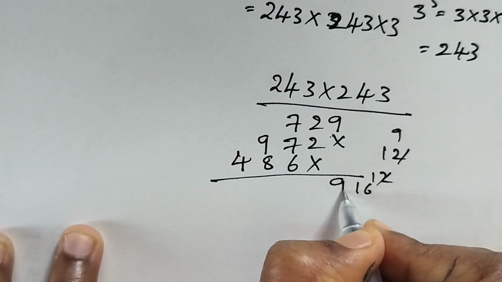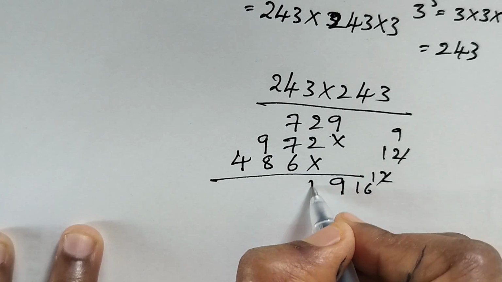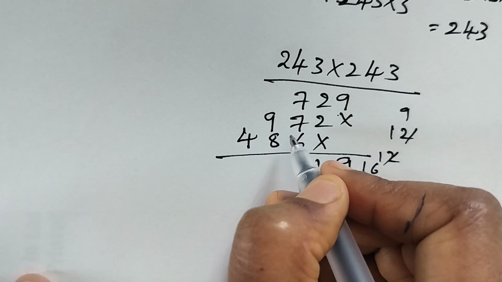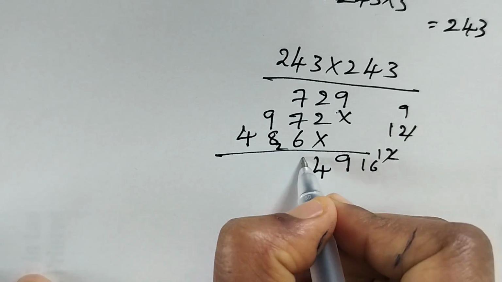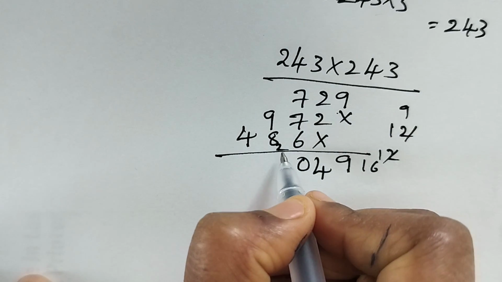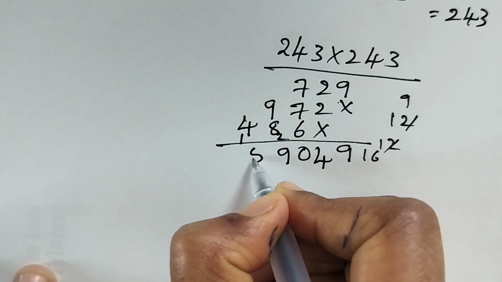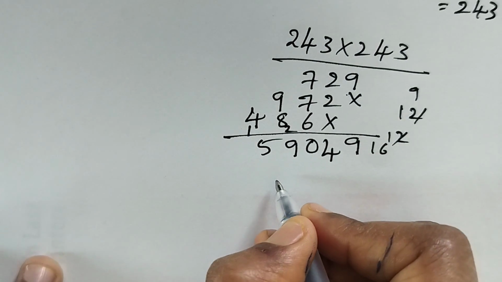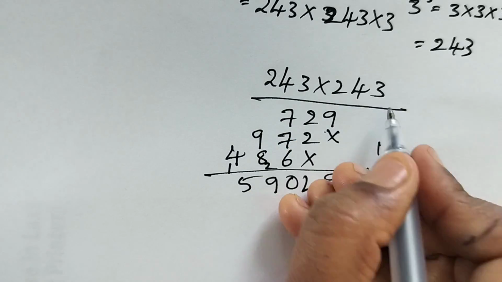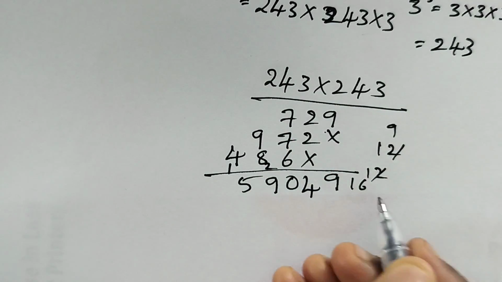Adding these up, we got 243 times 243, which is equal to 59049.